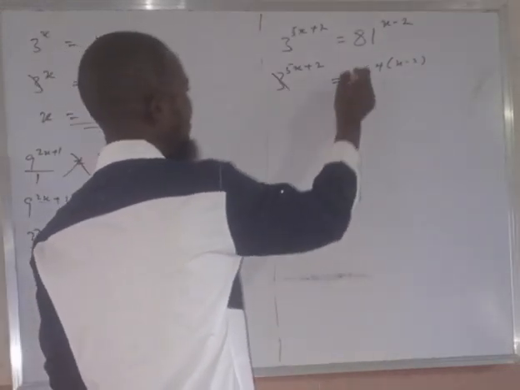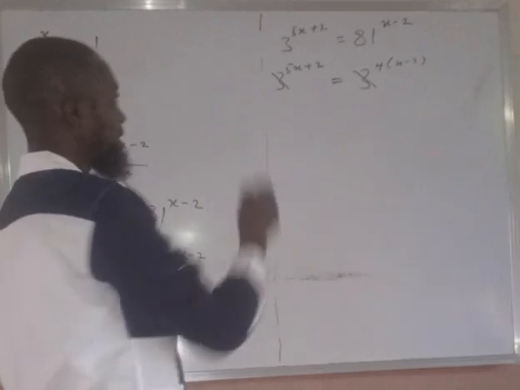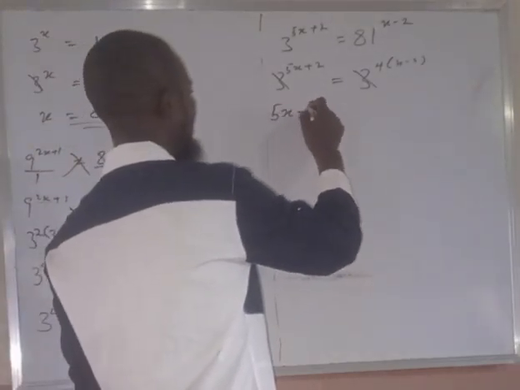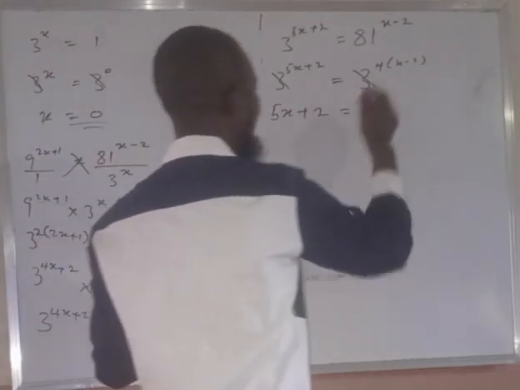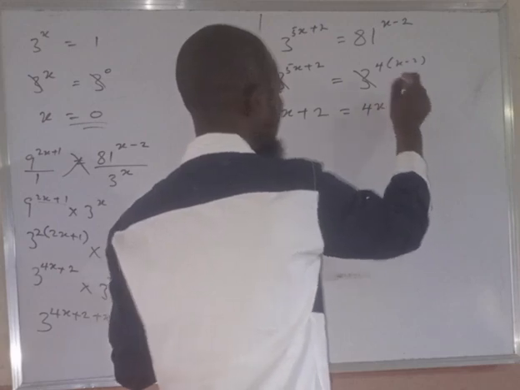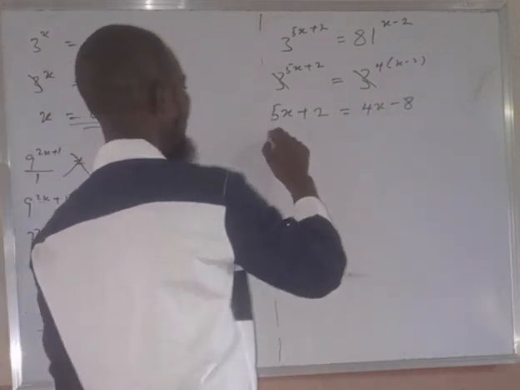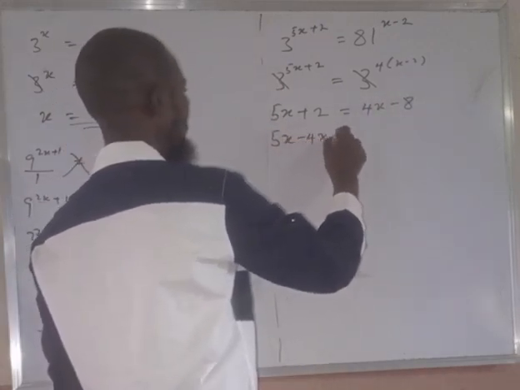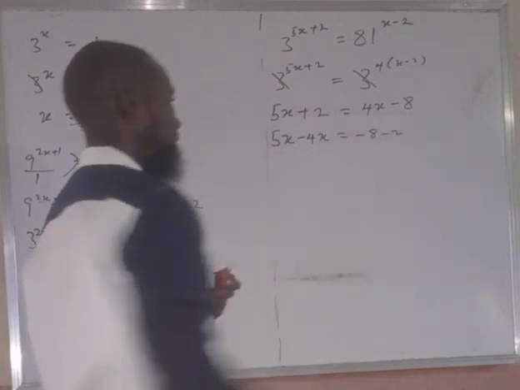Now, if you want, you can say this base cancels this base, right? And we are left with 5x plus 2 is, you can open the bracket, 4x minus 8. So here I have 5x minus 4x is minus 8 minus 2.